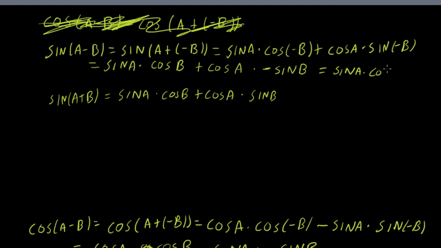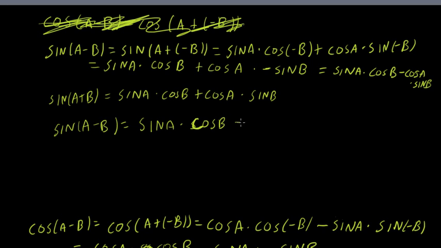It just becomes sine of A cosine of B minus cosine of A times the sine of B. So I'll just rewrite it more cleanly here. Sine of A minus B is equal to the sine of A times the cosine of B minus the cosine of A times the sine of B.